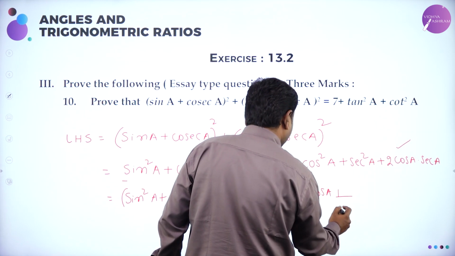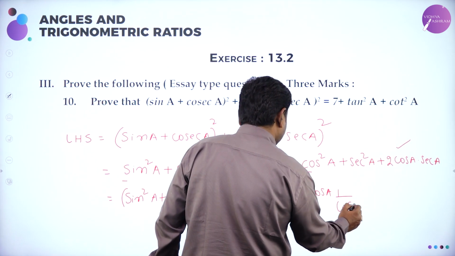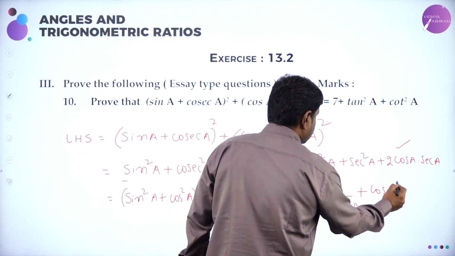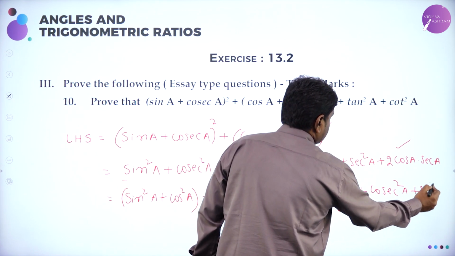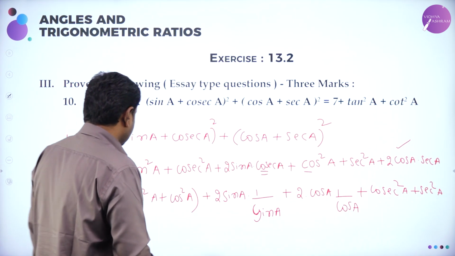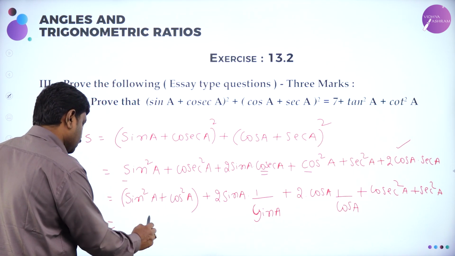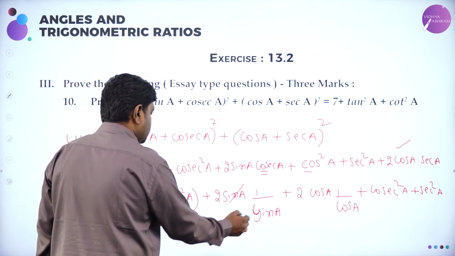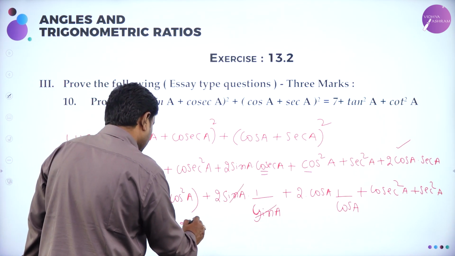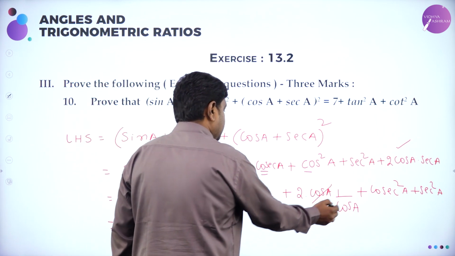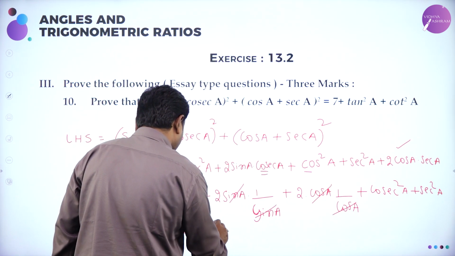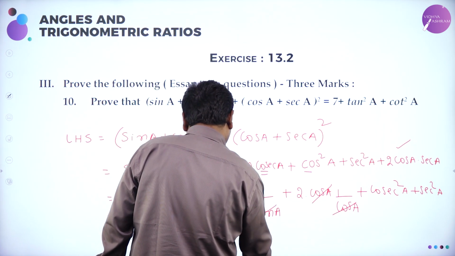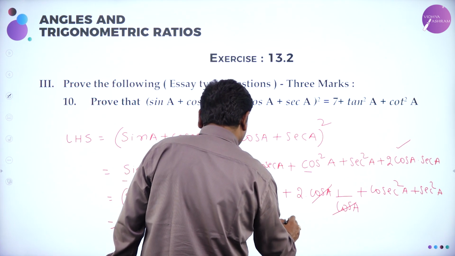In place of secant A, you can write 1 by cos A, reciprocal of secant, and the remaining terms I will write at the end: one is cosecant square A, the other one is secant square A. So here all of you know sin square A plus cos square A is 1, plus sin A cancels, 2 into 1 is 2, plus cos A cancels, 2 into 1 is 2, plus cosecant square A plus secant square A. This is what is left out.